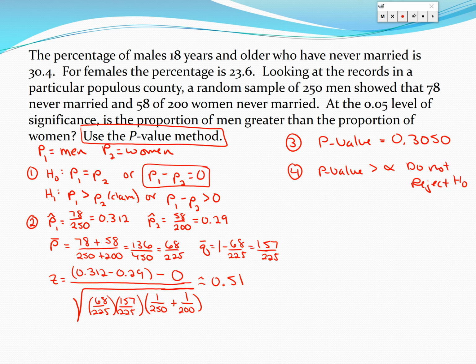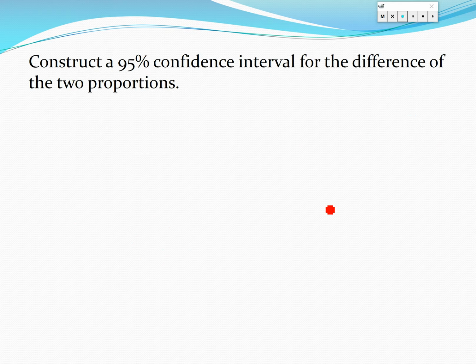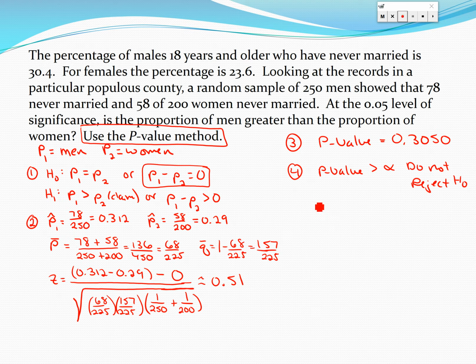Now if the area for your p-value is less than or equal to your alpha, that's when we reject.